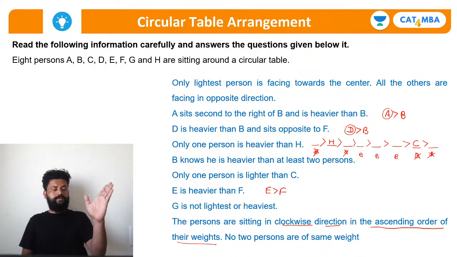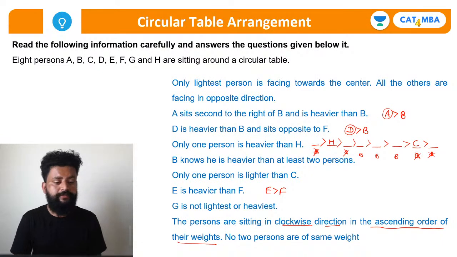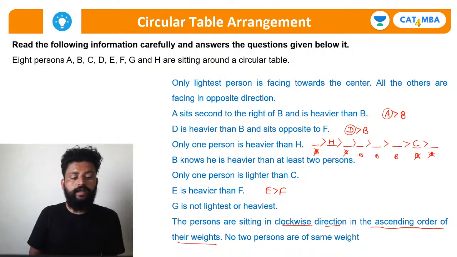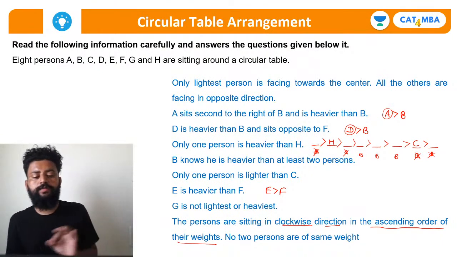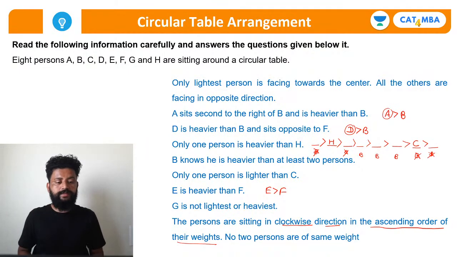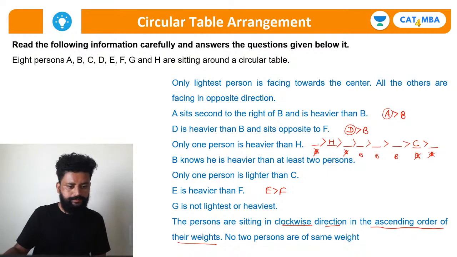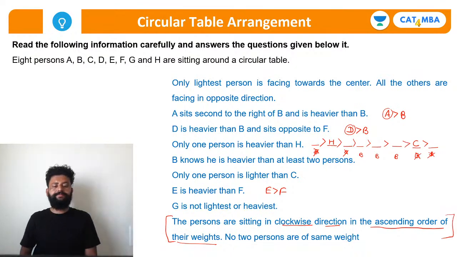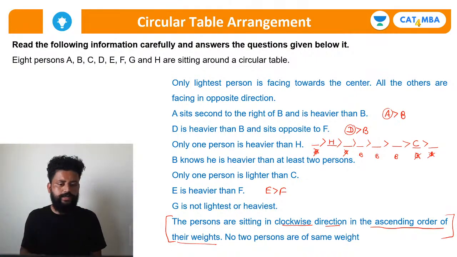Ascending order means they are sitting in increasing order of their weights, and no two persons are of the same weight. That's what we know. So we can start from this clue. Use this to start, it will be better, because the lightest person faces center and all others face outside, and we start from the lightest, arranging in increasing order.